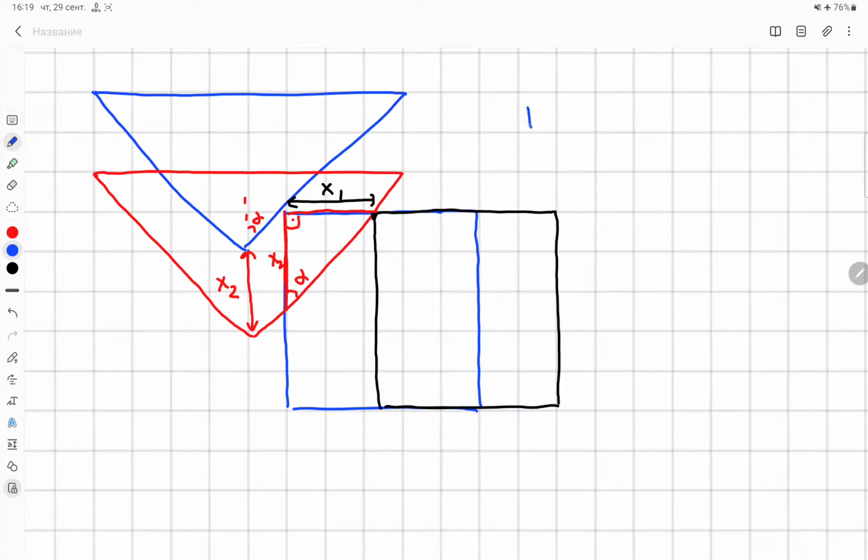So it means tangent alpha equals x1 over x2. It means a1 over a2, because x1 is proportional to a1, x2 proportional to a2. So from here, a1 equals a2 times tangent alpha. This is our last equation, equation number 3.